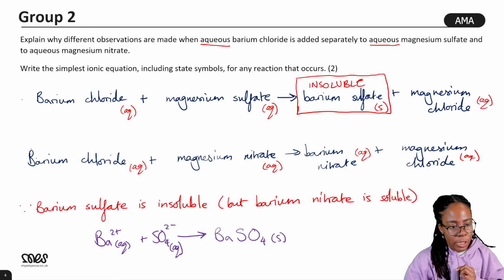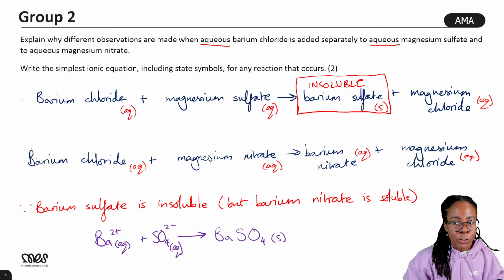And that's our ionic equation. If you wanted, again, to do all of the ions and cancel everything out, you're more than welcome to. But as soon as you're forming a precipitate, your ionic equation is going to essentially be just the ions that are involved in that precipitate.